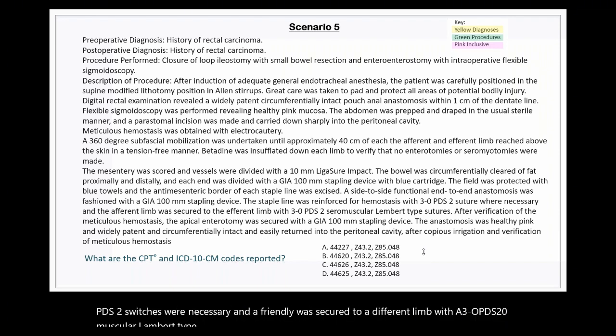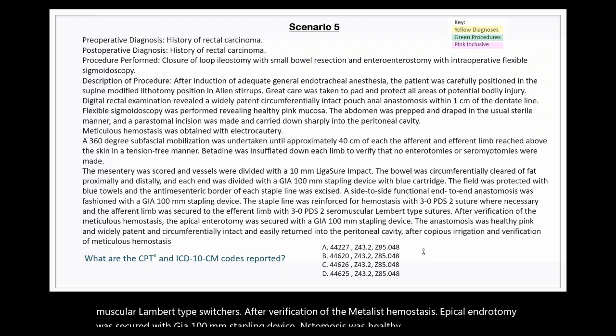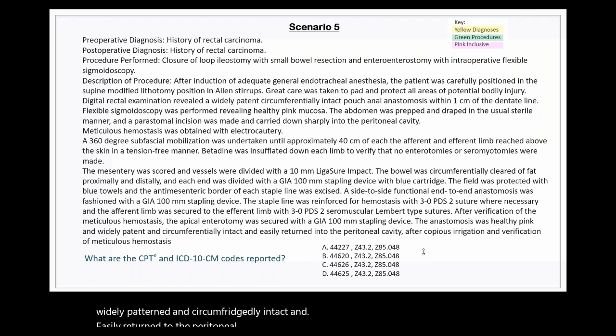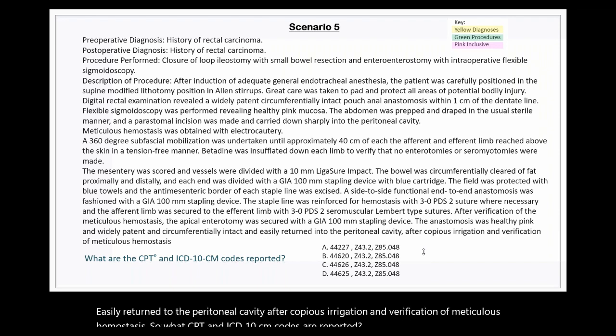After verification of meticulous hemostasis, the apical enterotomy was secured with a GIA 100 mm stapling device. The anastomosis was healthy, pink, widely patent, and circumferentially intact, and easily returned to the peritoneal cavity after copious irrigation and verification of meticulous hemostasis. So what CPT and ICD-10-CM codes are reported? Coders, you got 2.5 minutes.